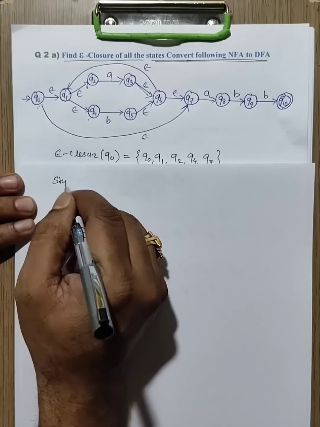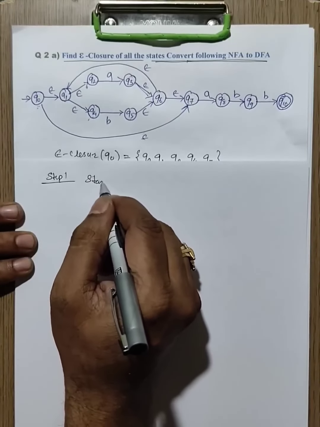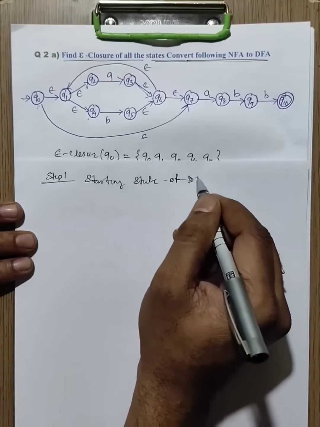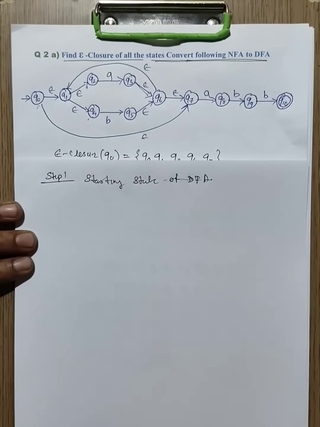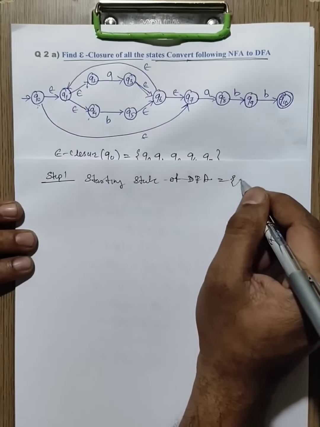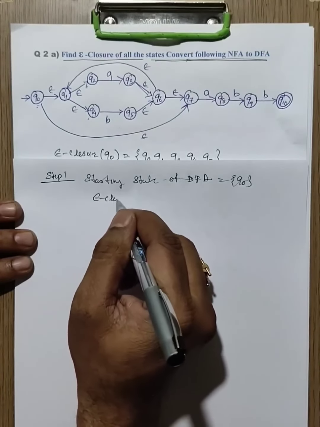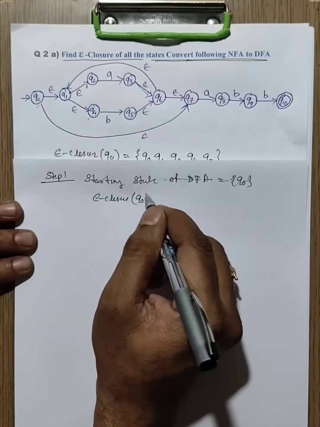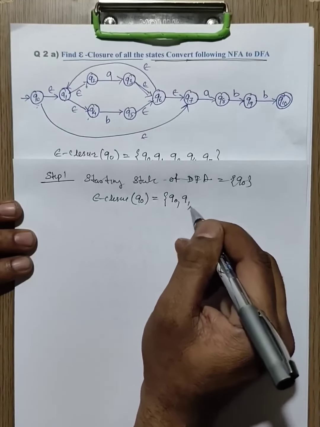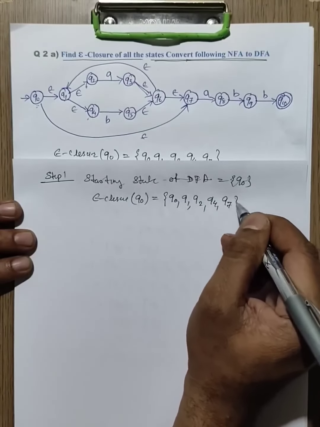Step 1: the starting state of the DFA is the starting state of the NFA. What is the starting state of the NFA? Here it is Q0, meaning epsilon closure of Q0, which is Q0, Q1, Q2, Q4, Q7.